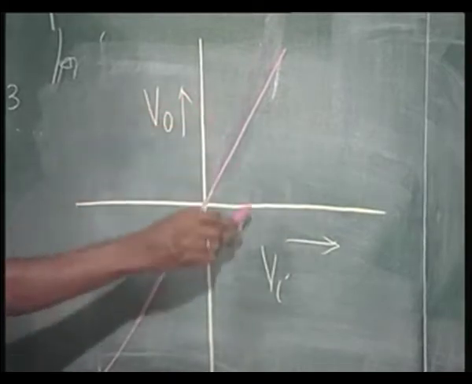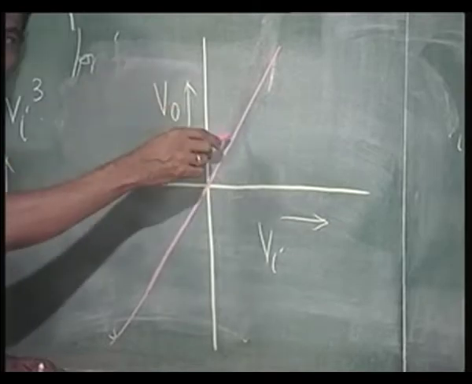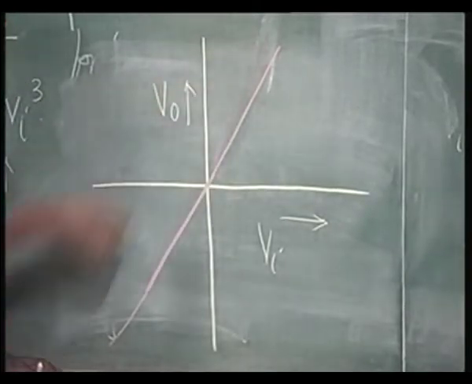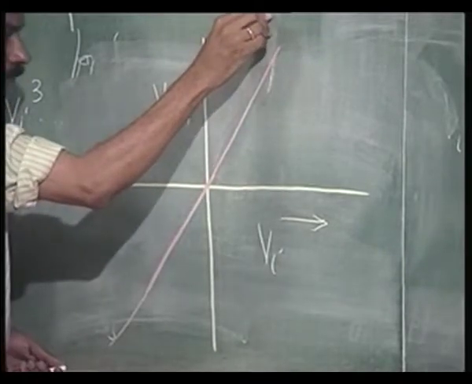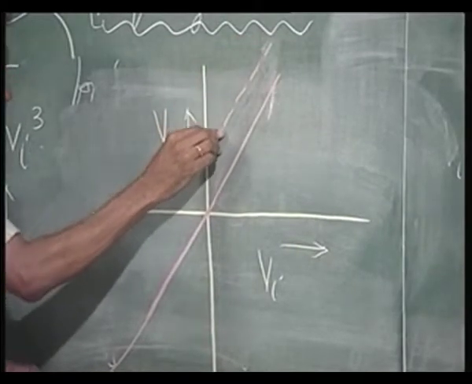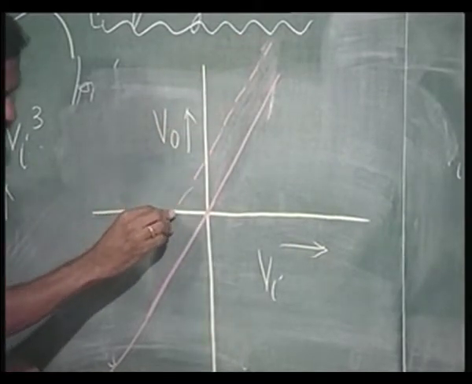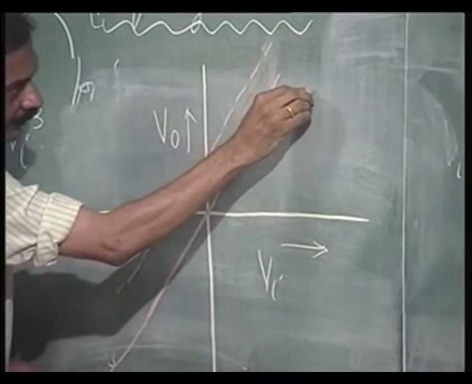V naught and Vi should be linearly related, that is, V naught is equal to K naught times Vi, a line passing through the origin. If it does not pass through the origin, it will be this, or it could be the other one.